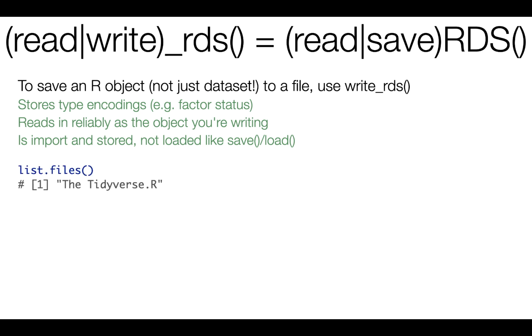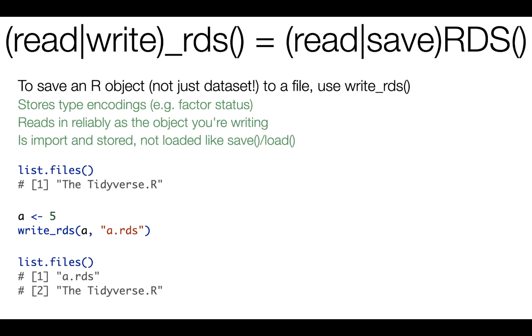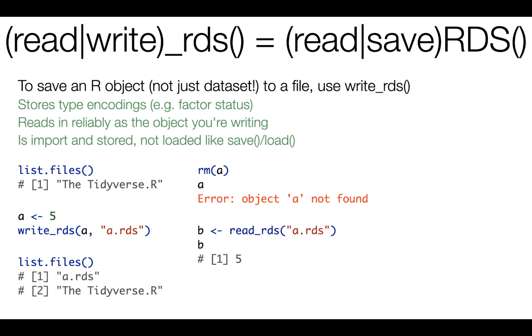Here's an example. If I say list.files, there's only one R script file in my directory right now. I can create an object called a, and I'll save a as the file name a.rds. I'll list the files, and you see the file there. Then I'll remove a, so the binding is gone from R, and the garbage collector is going to come and remove it from memory. So a is no longer there. Then I'll assign that same object to something called b using readRDS.